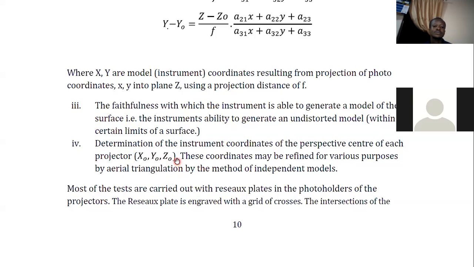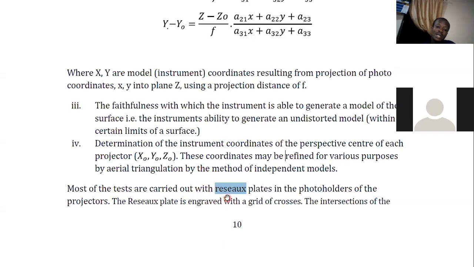So we carry out these tests using what we call the Rizzo plate. Rizzo is a French word. So we place a glass, mark about 9 points on the glass, and then see how they transform after we have carried out a projective transformation. In other words, after we have switched on the light source and projected everything on the diapositive onto the model, we are supposed to check if the equation up here will work.